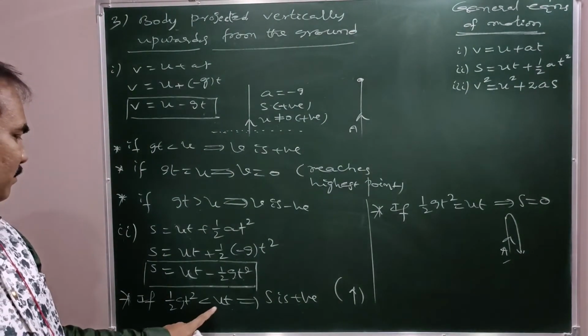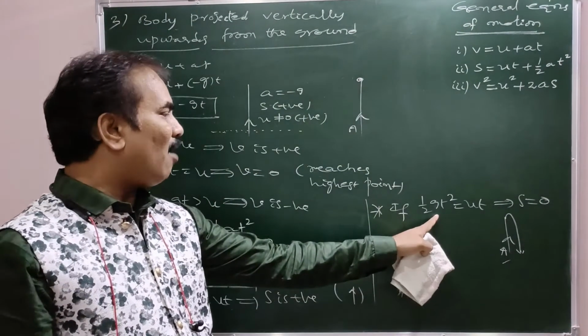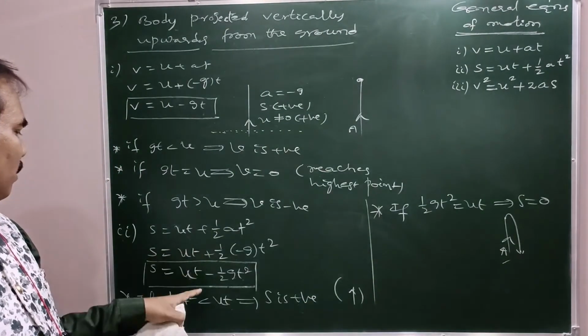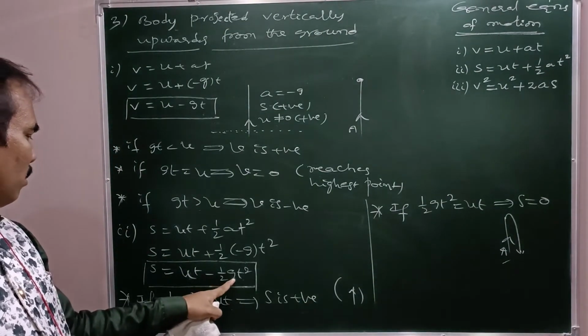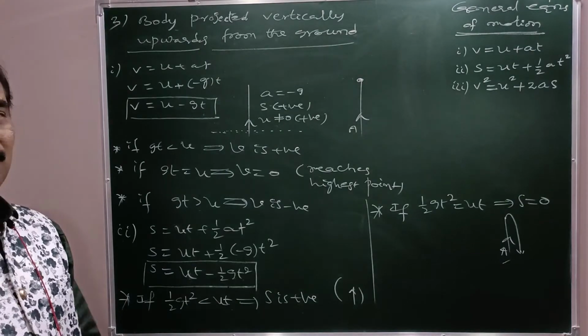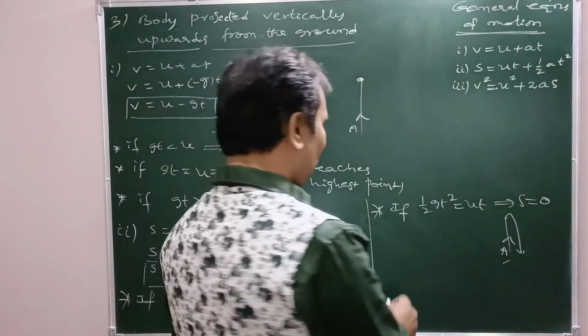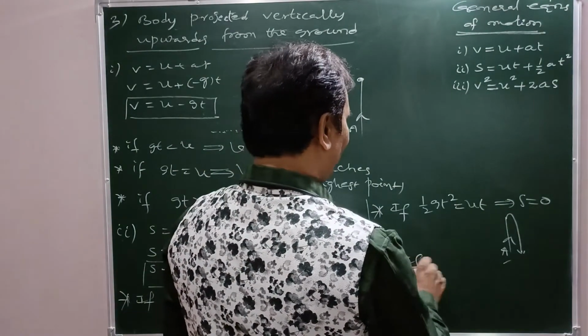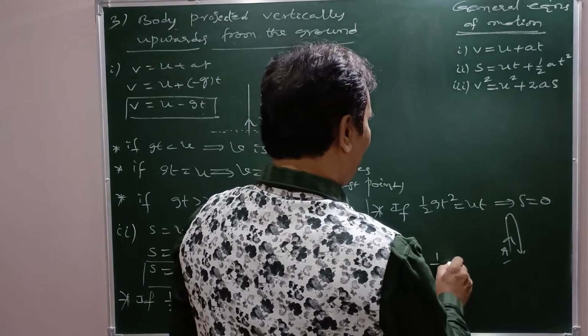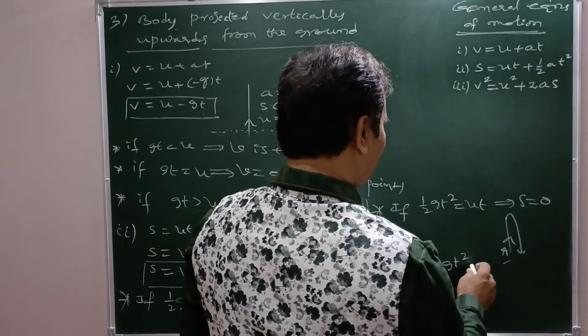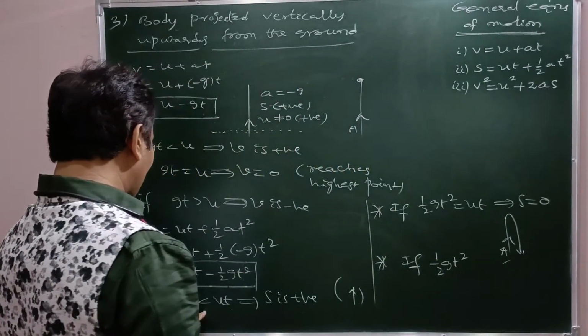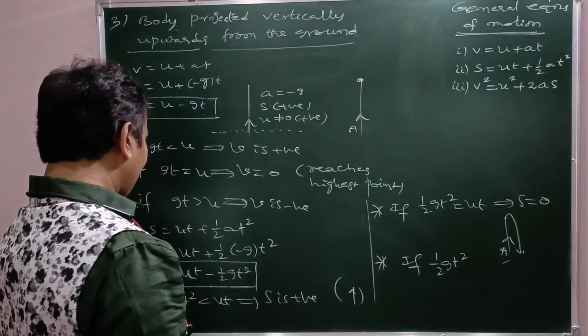Am I right? In which case the square term becomes equal to ut. S becomes 0 means the particle reaches the point of projection again. That is the meaning.